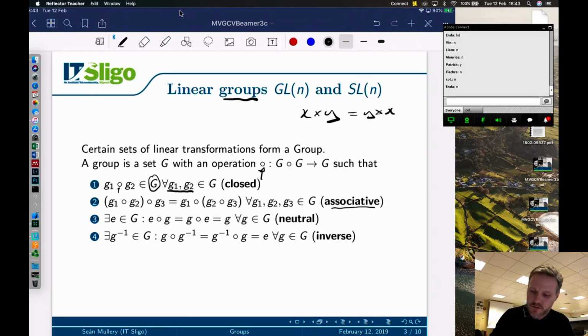That's not the same as the associative law here, and you'll notice that we don't have the commutative law here, so this is not necessarily required for these groups, but obviously if you have that as well, it's another great thing, but it's not necessarily a requirement for something to be a group, that commutative thing.